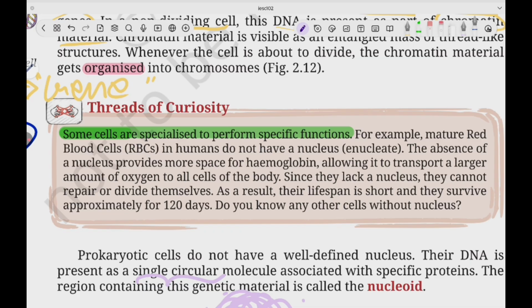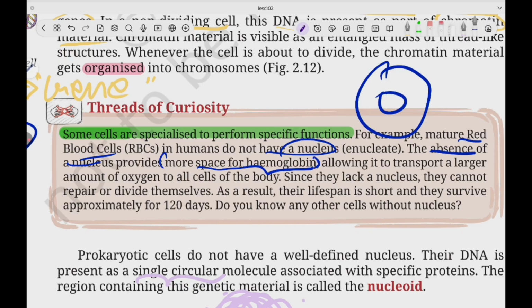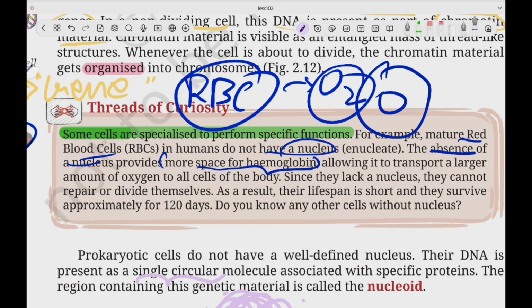We have seen that cells contain a nucleus, but here is one exception. Red blood cells do not have a nucleus. The absence of a nucleus provides more space for hemoglobin. The main function of RBC is to carry oxygen. The oxygen is carried by a respiratory pigment called hemoglobin. Hemoglobin attracts oxygen, and the RBC takes the oxygen throughout the body.